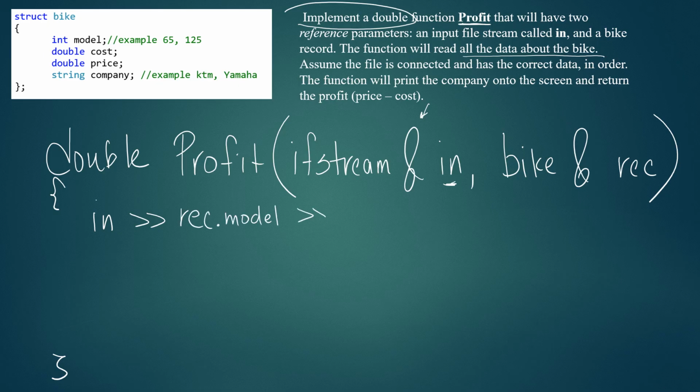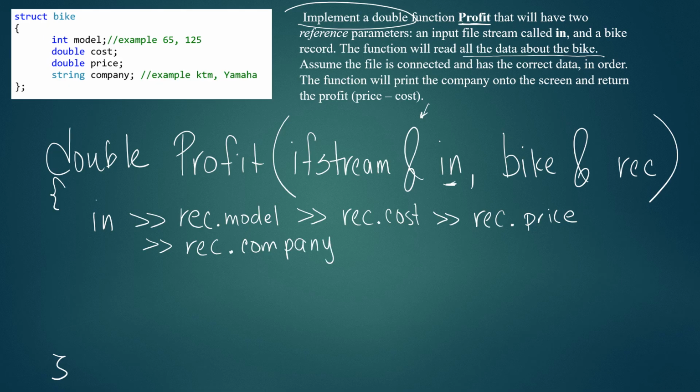The next item will read into rec.cost. The next item will read into rec.price. And the next one will read into rec.company. So we're going to assume that it's going to read into the data in order.